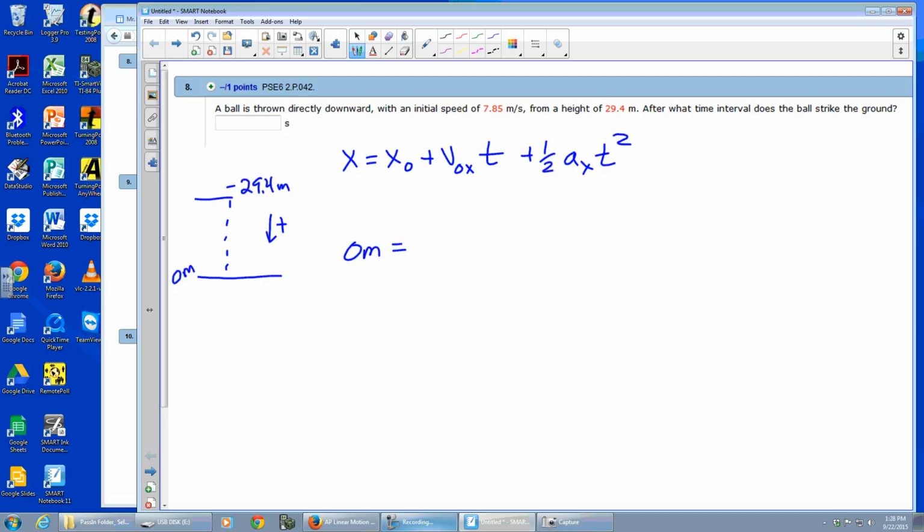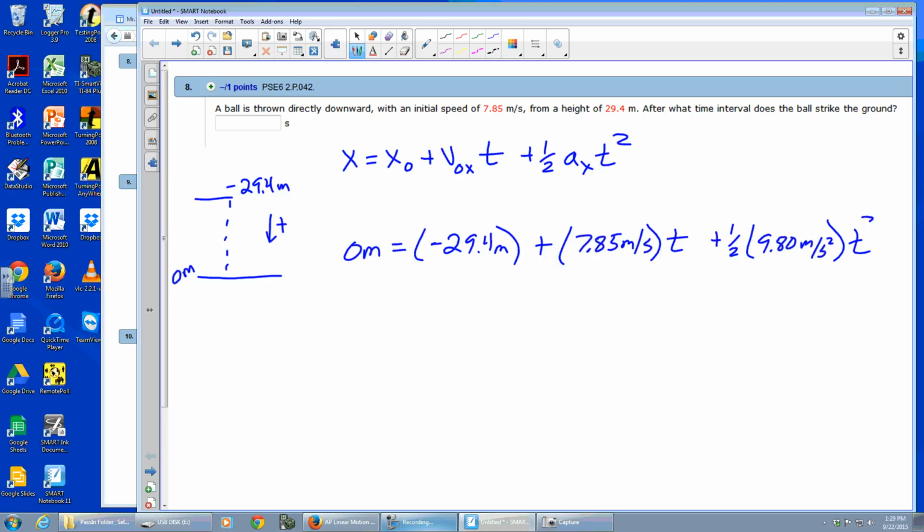We're going to start at negative 29.4 meters plus positive, because it's downwards, 7.85 meters per second times t, we'll assume that it starts at t equals 0, plus 1/2 downwards, so 9.80 meters per second squared is its acceleration since it's in free fall, t squared.